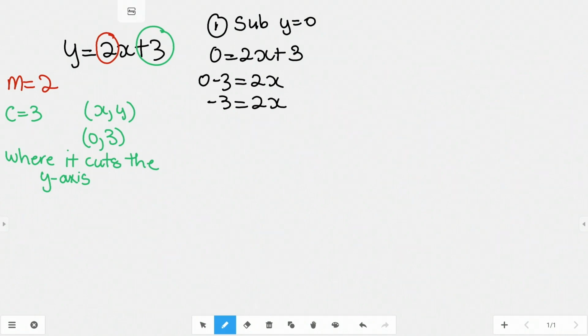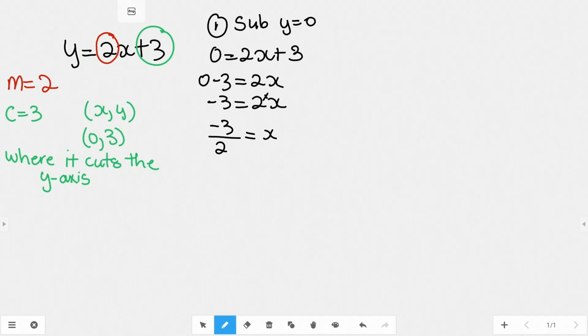We don't want 2x, we just want x. So we will transpose the 2, and because these two are being multiplied, it's actually 2 times x. When the 2 goes across, the inverse of multiplication is division. So we would end up with negative 3 divided by 2 is equal to x.